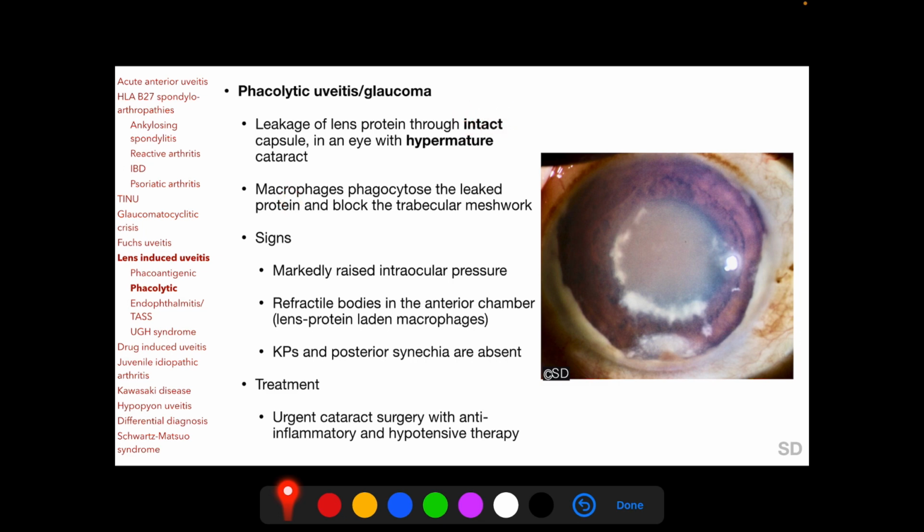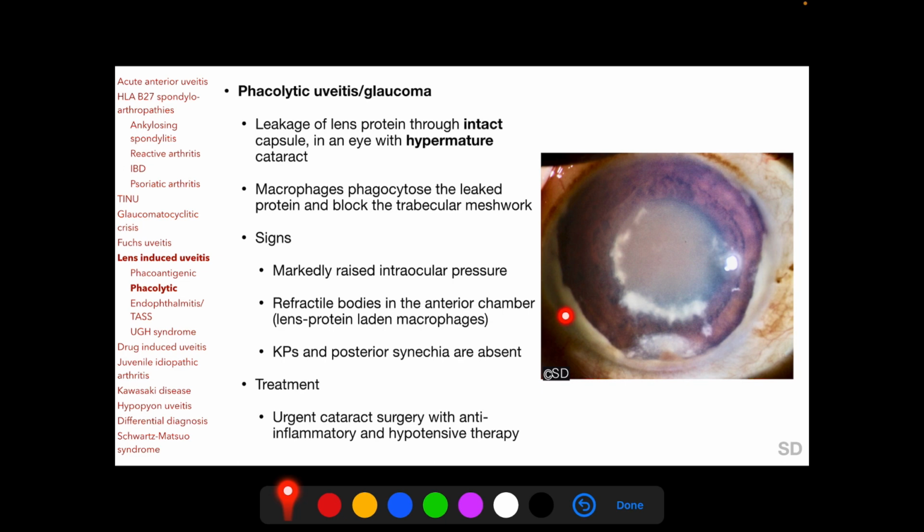Macrophages phagocytose the leaked lens protein and go on to block the trabecular meshwork, and signs include markedly raised intraocular pressure and refractile bodies in the anterior chamber, which may be detected with the slit lamp, which are actually lens protein laden macrophages. However, keratic precipitates and posterior synechiae are typically absent.